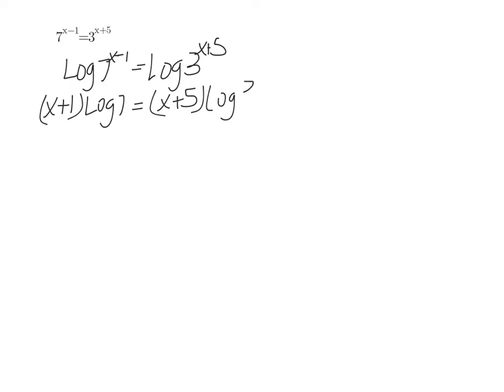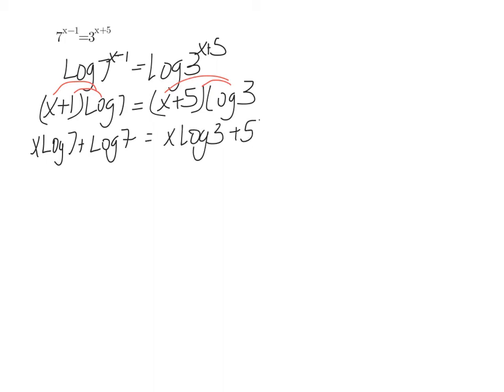log of 3. And then I'm going to distribute my log 7 to both the x and the 1, and my log 3 to both the x and the 5. So I get x log 7 plus 1 log 7 equals x log 3 plus 5 log 3.